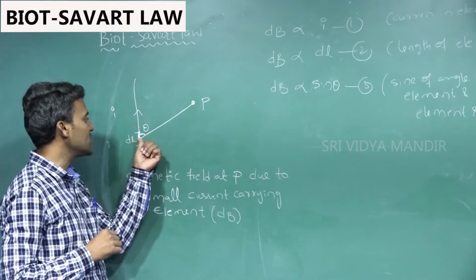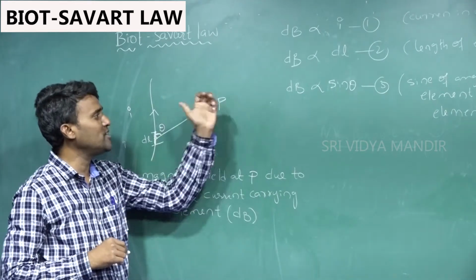Otherwise, you can call it the line joining the element and point P.